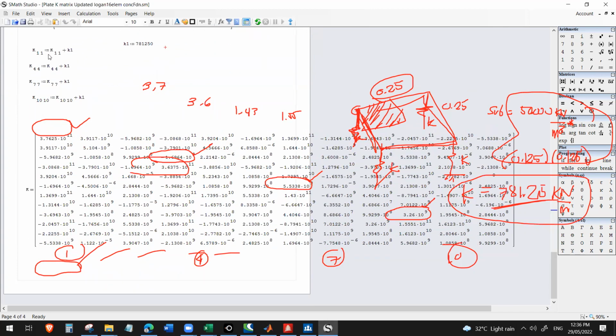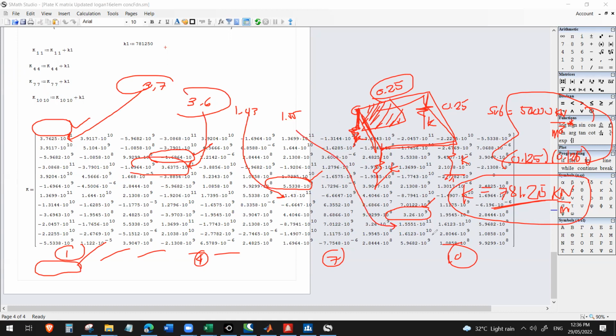We updated K11, K44, K77, and K1010. So, from 3.7, it just increased to 3.7625. This one is 3.6375. This is 1.43. Then, 1.55.